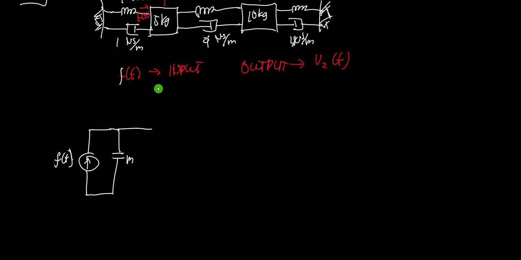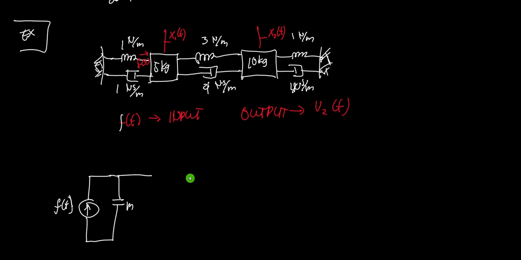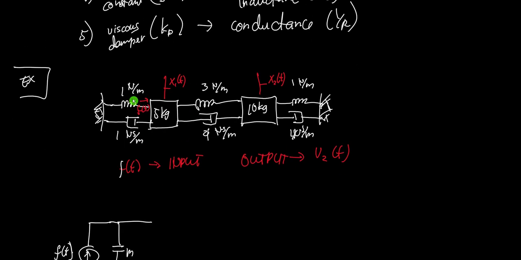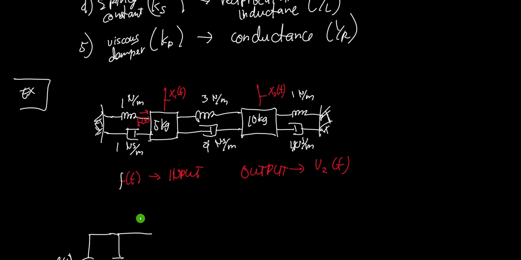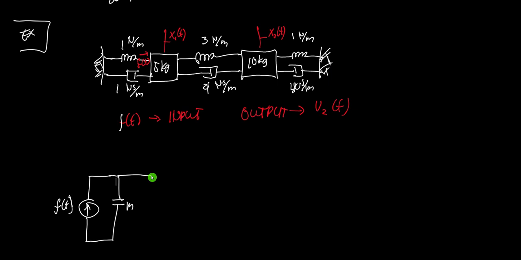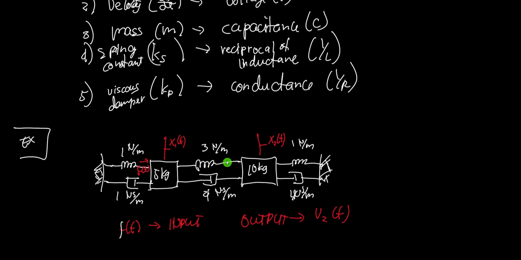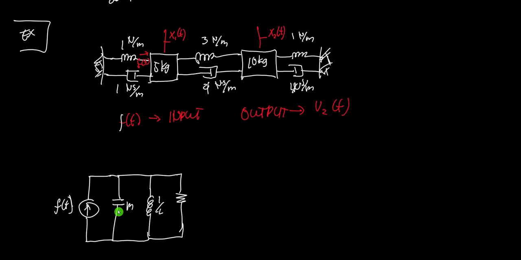Then what's next? The inductance. This one, the spring constant, is equivalent to the reciprocal of inductance. So you have the spring constant, 1 over L. Then for the resistance, or the conductance, which is 1 over R. So this will be 1 over R.